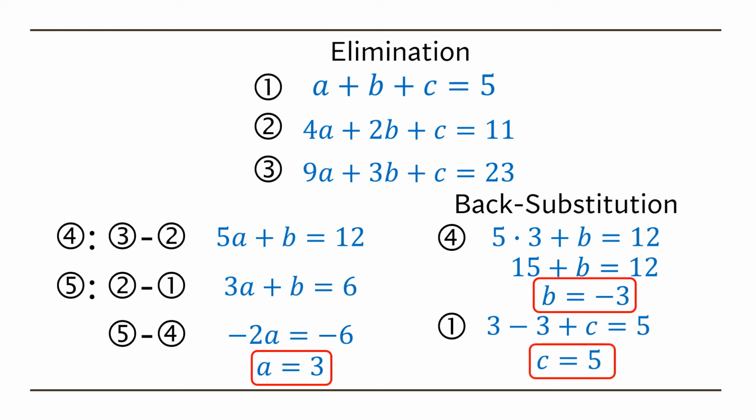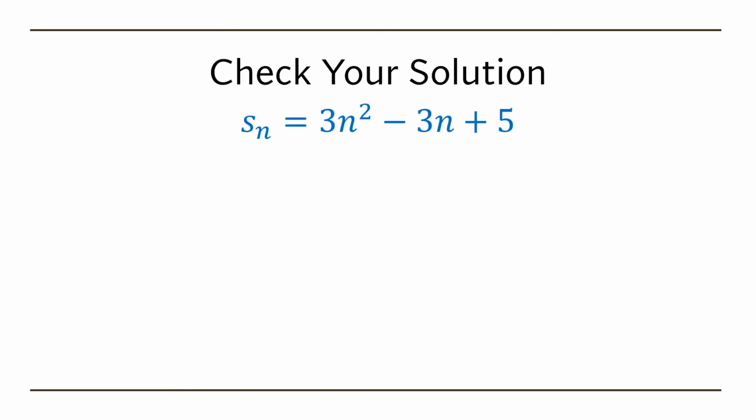There's our 3 equations. So now we have all 3 of the equations, so we can plug that back into our original problem and solve for any value in the sequence. So let's go ahead and check our solution to make sure that we got it correct. So here we go. We plug in the values for a, b, and c, which were 3, negative 3, and 5.